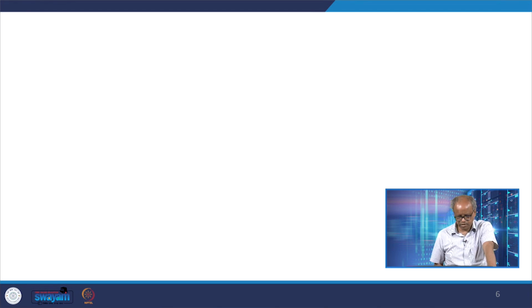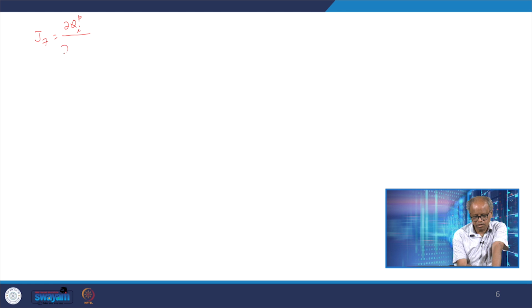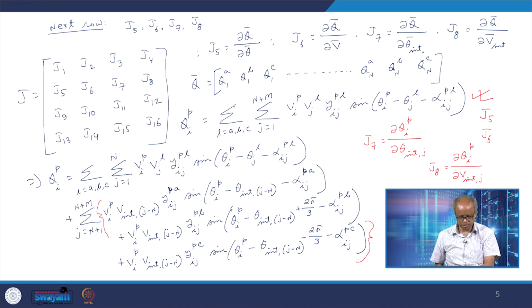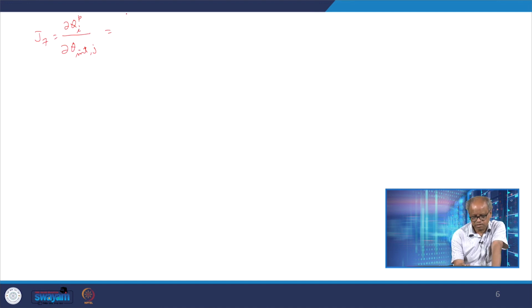But for J7, let us write it down. Let us say del QIP by del theta internal J is equal to minus VIP V internal j, Y I j plus n PA.